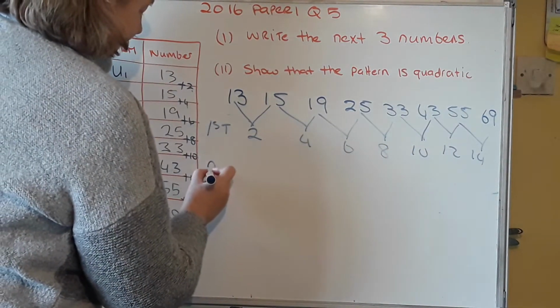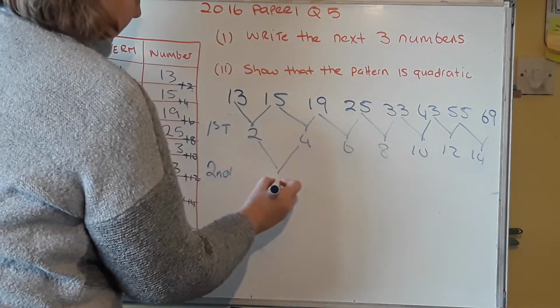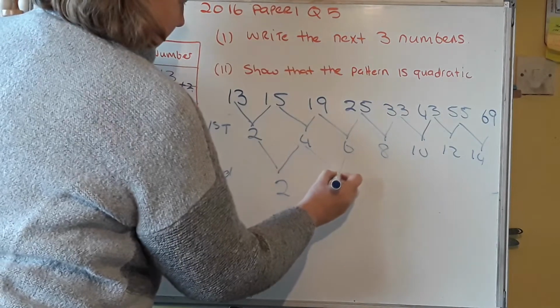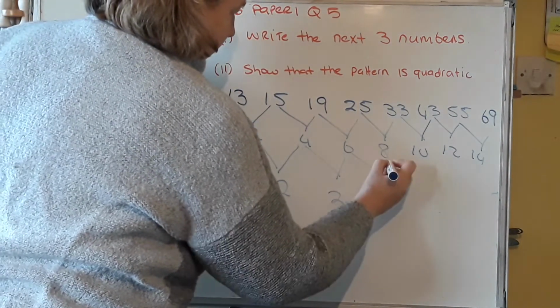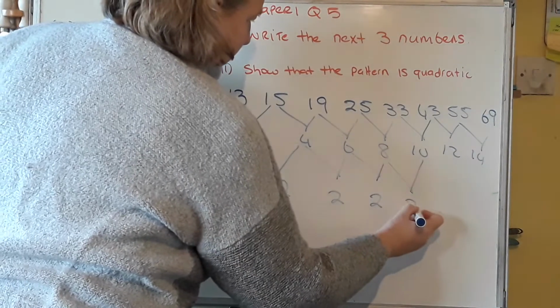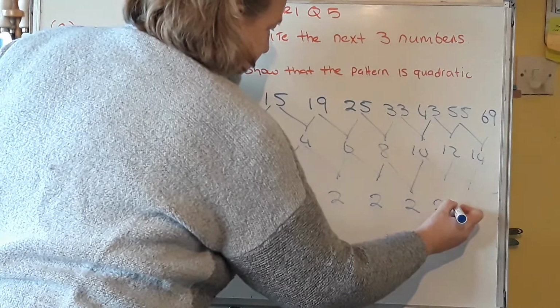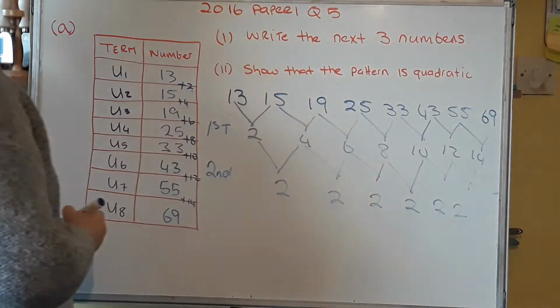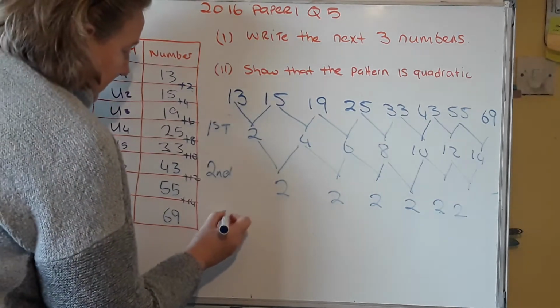So now get the second difference. The difference from 2 to 4 is 2, 2, 2, 2, 2, 2. So the second difference is a constant.